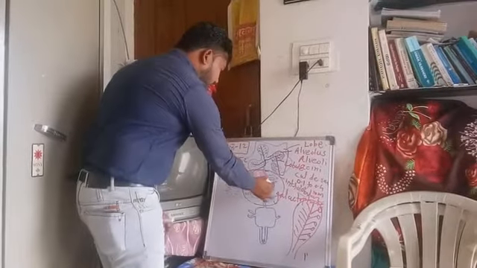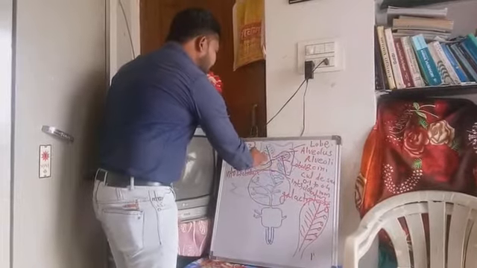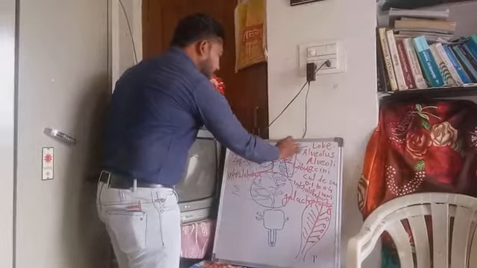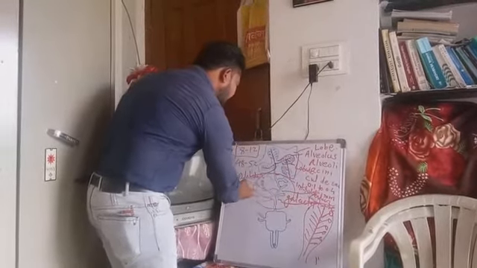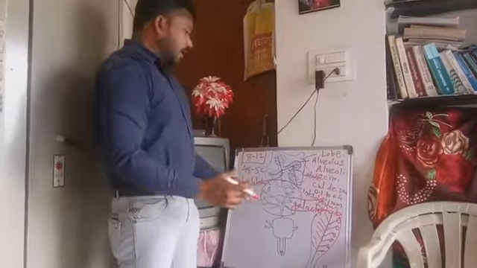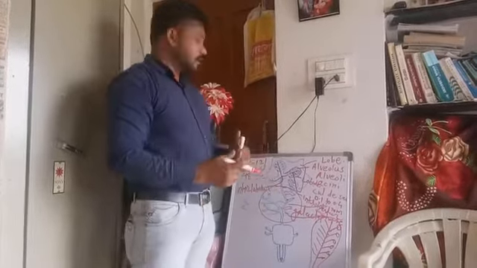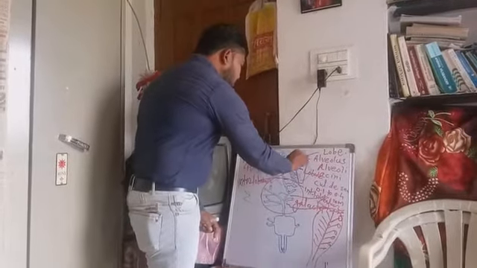Finally, this duct system and these alveoli are completely surrounded by connective tissue. These are called connective tissue. This portion is also called connective tissue. Connective tissue surrounds the duct system as well as the lobule.